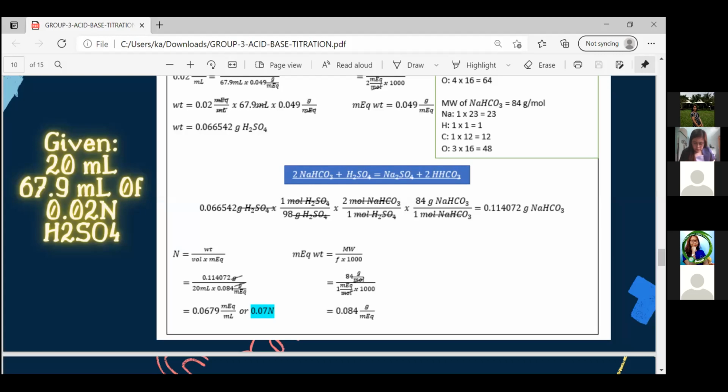It is equal now to 0.114072 grams divided by 20 ml times MEQ per weight na 0.084 grams per MEQ. So canceled out the grams. We have here 0.0679 MEQ per ml or 0.07 normality.